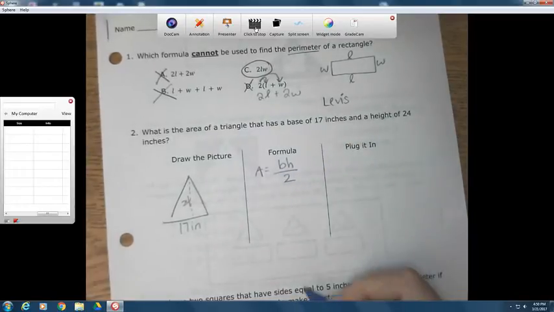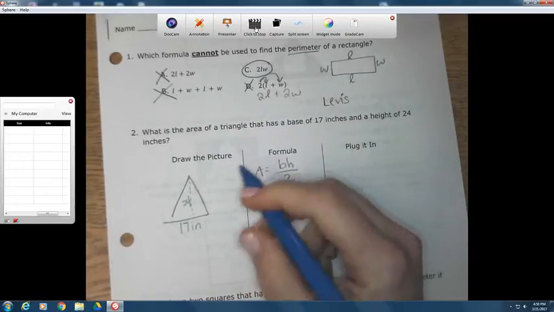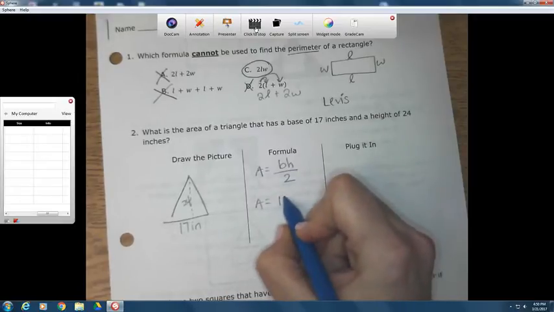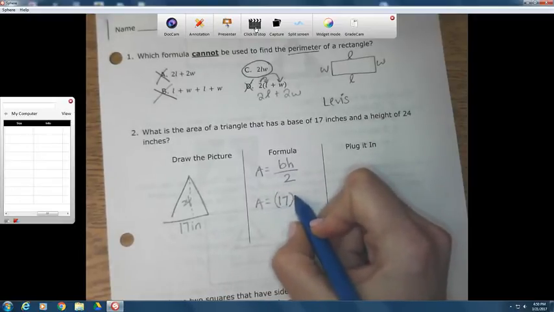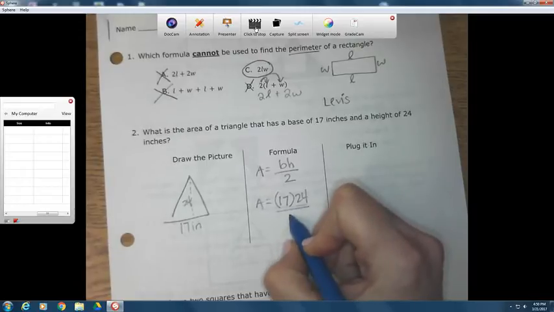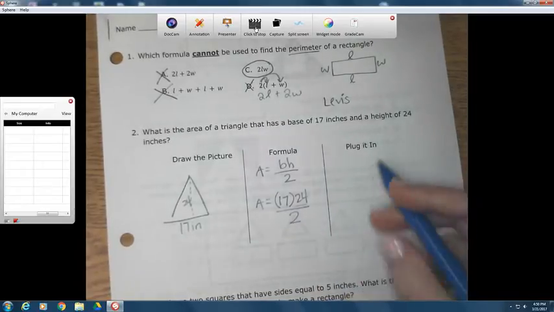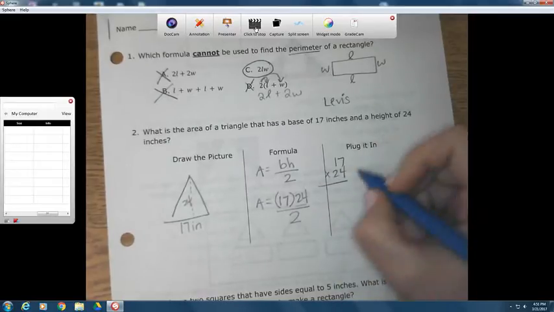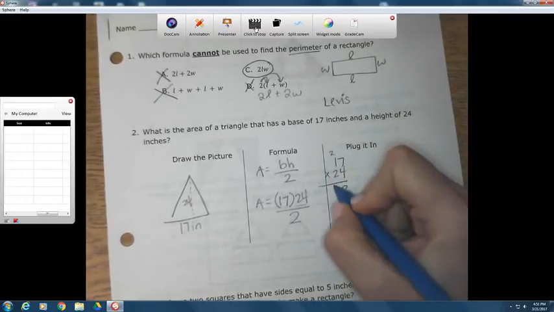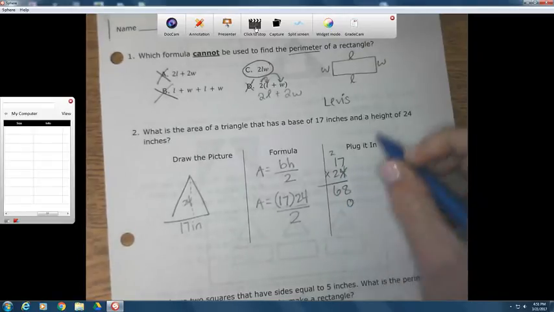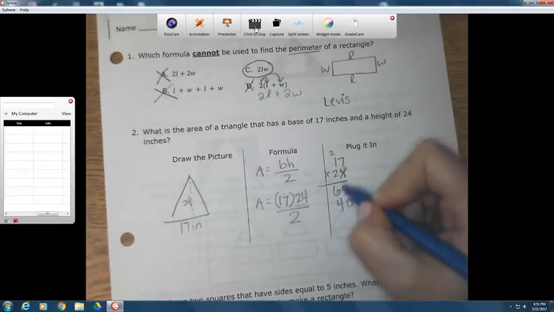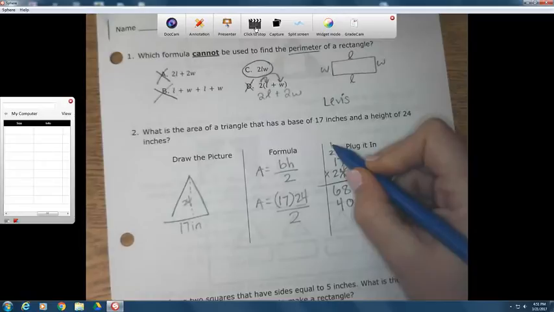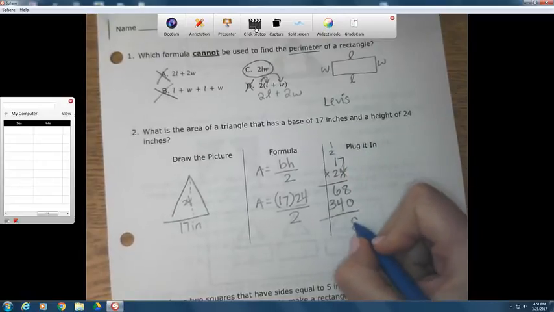When I plug in my numbers, area equals base times height, 17 in parentheses, so that means multiply, divide by 2. So I have to do some multiplication. 17 times 24, 4 times 7 is 28, 8 carry the 2, done with the 4. So 2 times 7 is 14. 2 times 1 plus 1 is 3. Add that together.